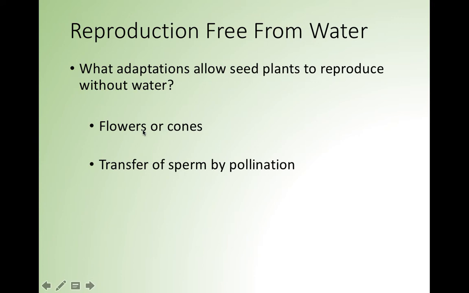Also, this ability for sperm to be able to transfer for pollination by other means, not just water. And then lastly, this whole idea of the embryo or developing baby plant being able to be protected in a seed. All three of these are adaptations that are unique to seed-bearing plants like gymnosperms and angiosperms. So let's look at each of these individually.